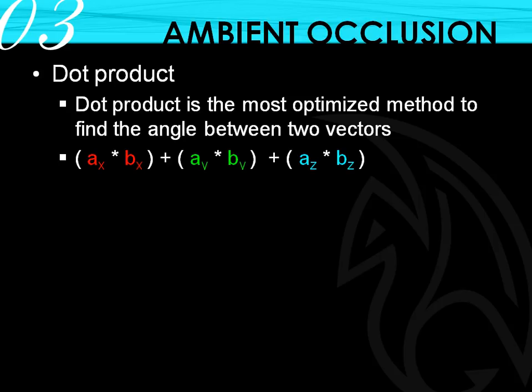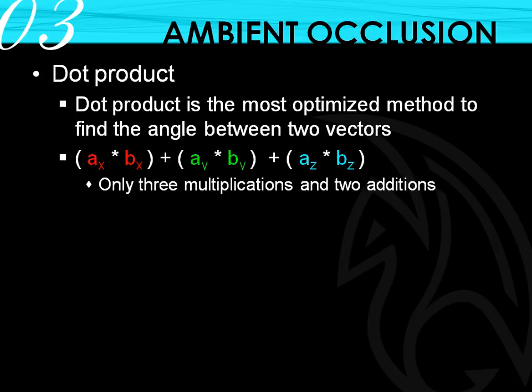So what it does is you have two vectors, A and B, and you're going to take their x's and multiply them, their y's and multiply them, their z's and multiply them, and add all that together. So it's fast in the context of computer graphics, and this is used a lot in real-time simulation because it only uses 3 multiplications and 2 additions.